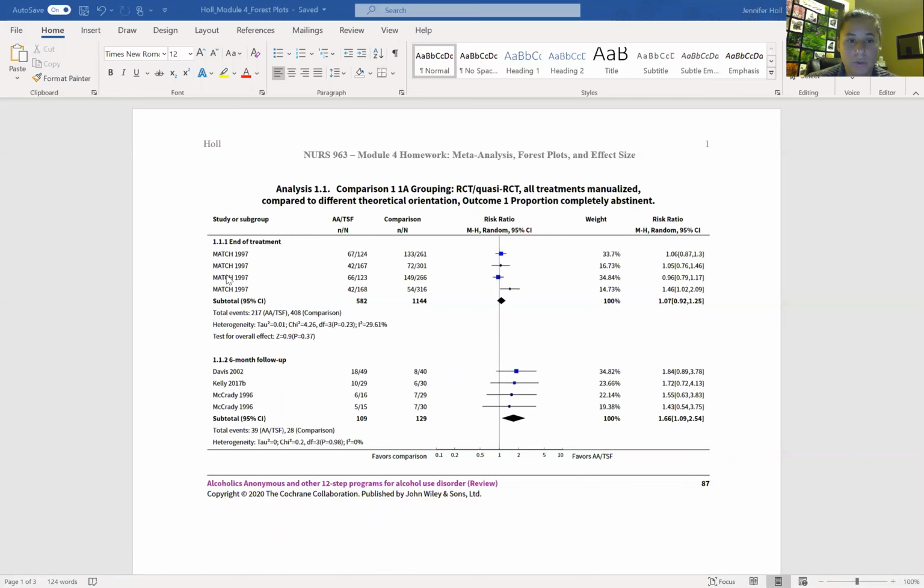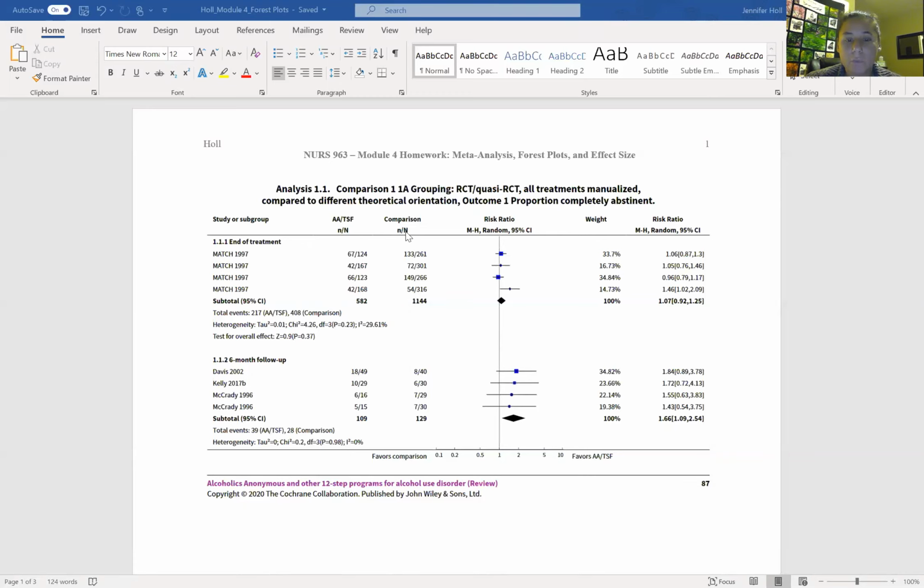1, 2, 3, 4. And the next thing to look at is the total number of participants that were included in the meta-analysis. And we get that by adding these two numbers right here. So 582, that is the total of this big N right here, which is represented on this side of the divide.